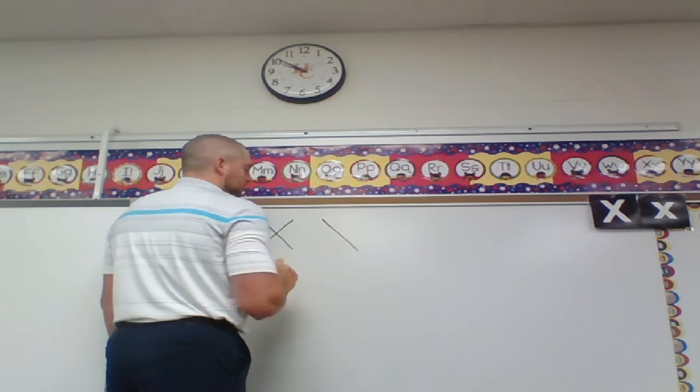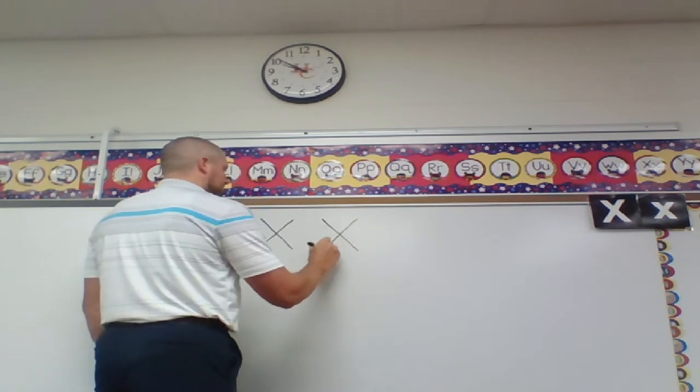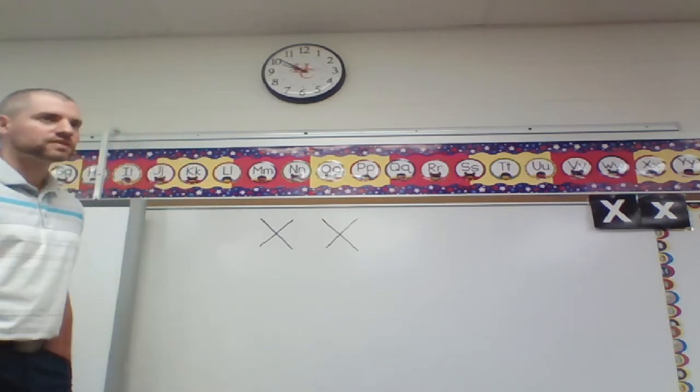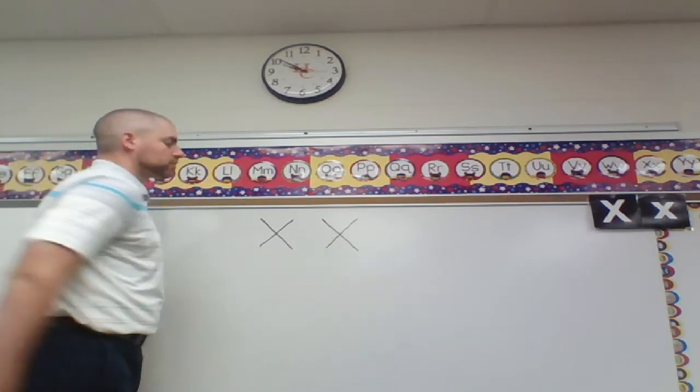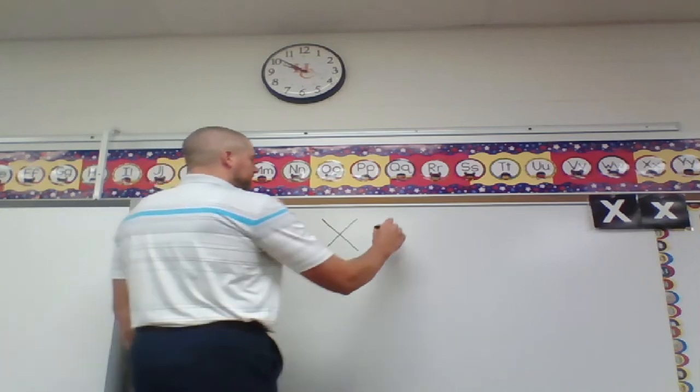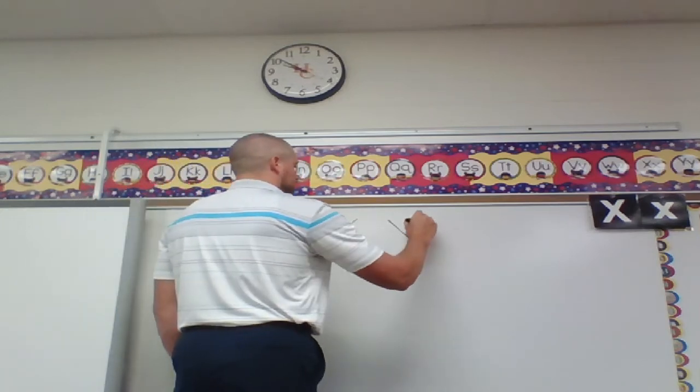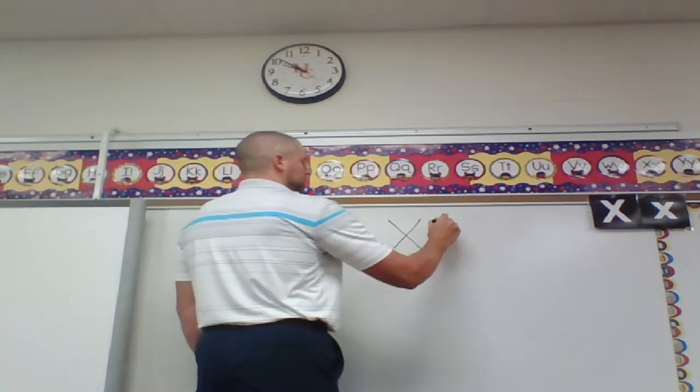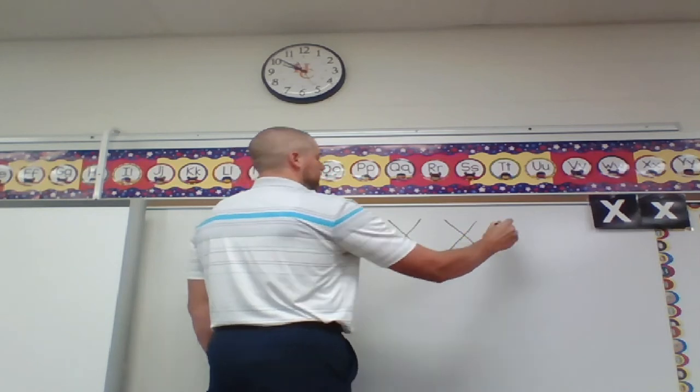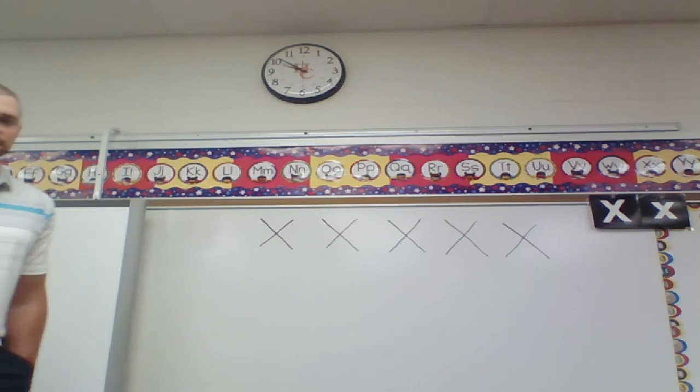Top left to bottom right, and then top right to bottom left. Okay, 2 slanted lines that cross in the middle. Here's one more. Okay, and one more. Just keep going and going. Okay, good. Those are all really good X's.